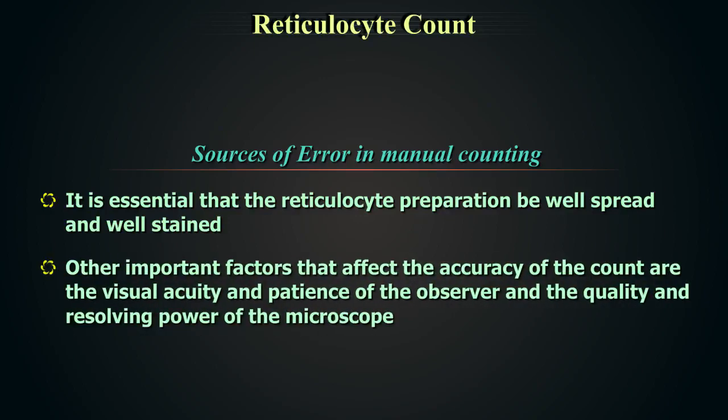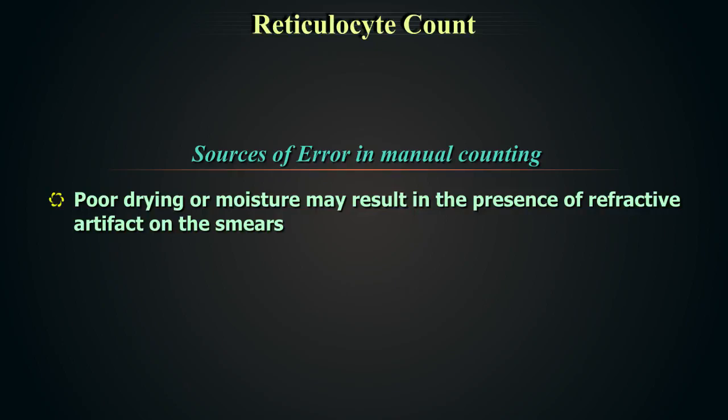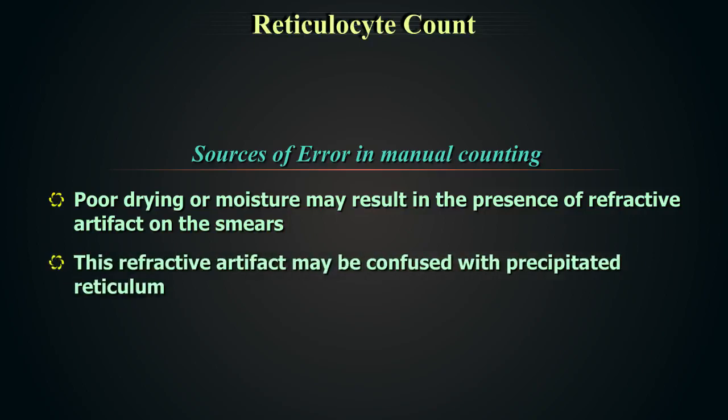Other important factors that affect the accuracy of the count are the visual acuity and patience of the observer and the quality and resolving power of the microscope. Poor drying or moisture may result in the presence of refractive artifact on the smears. This refractive artifact may be confused with precipitated reticulum.